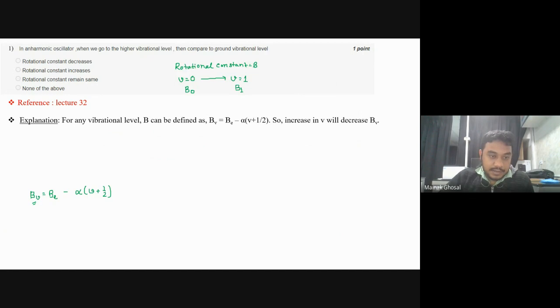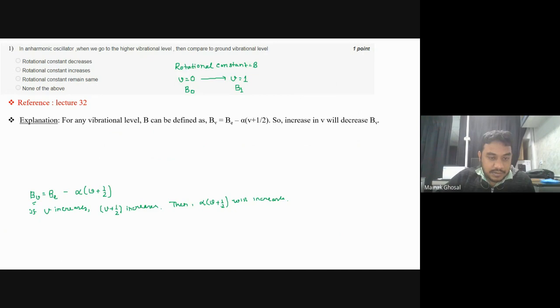You can clearly see that if V increases, there will be an increase in the V plus half value. Then alpha into V plus half, well, alpha is a non-zero constant, it will increase.